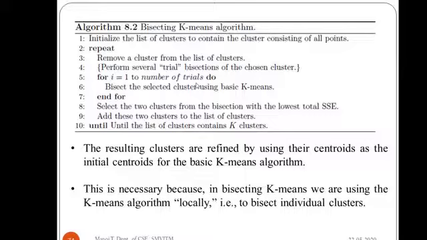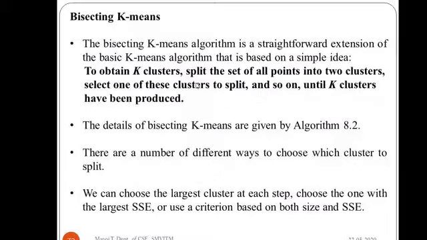Once those iterations are over, select the two clusters from the bisection with the lowest total SSE, and add these two clusters to the list of clusters, so that in the next repetition you can select one cluster and go on doing the bisections. This has to be done until the list of clusters contains K clusters. So this is bisecting K-means.